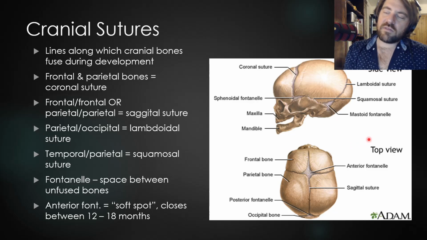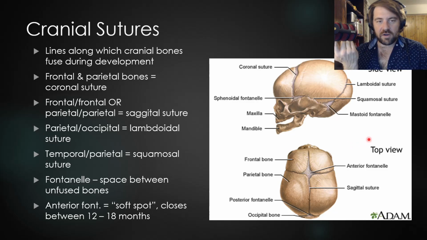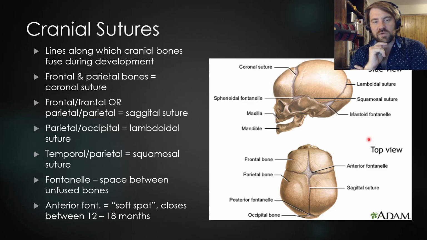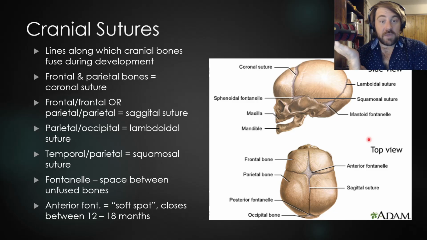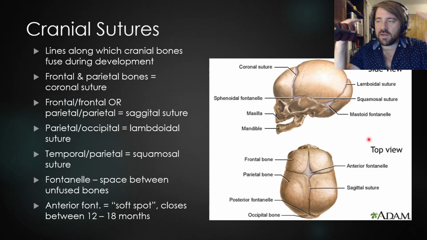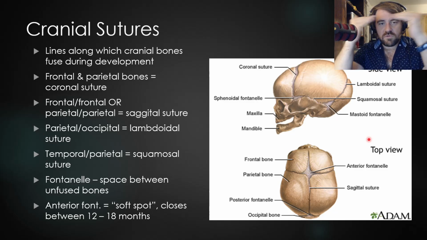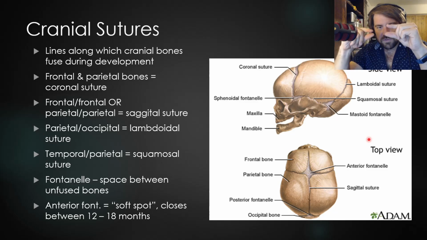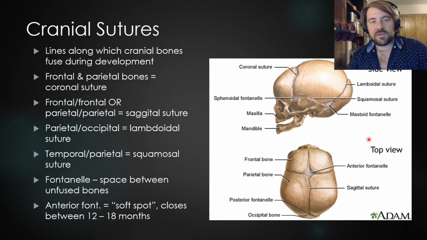One of the things with babies is you can see their heartbeat at the soft spot, and the reason for this is because the arachnoid mater is right below that. There's a lot of veins running through the arachnoid mater. There's also a lot of veins running to the epithelial tissue just on the surface of the head. You get both of those together, and you can see the movement of the skin because of the pressure changes with the heartbeat.